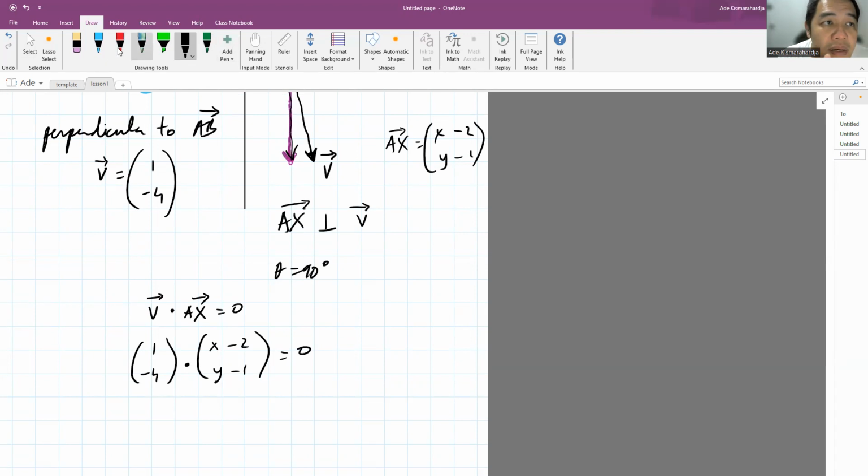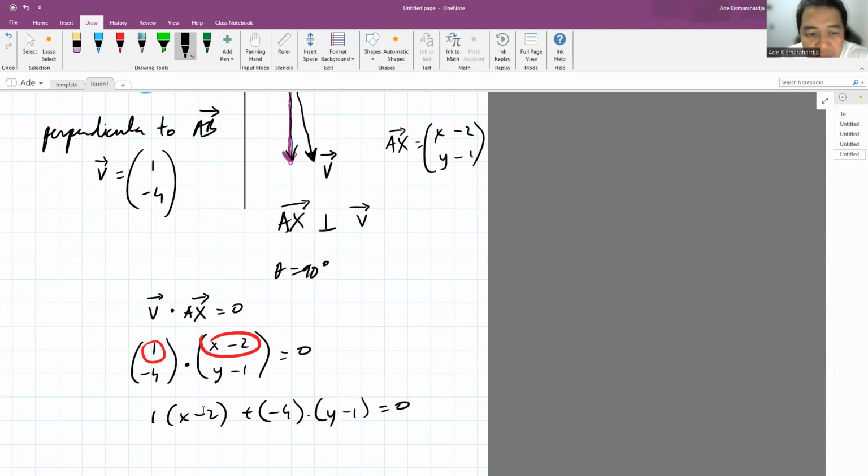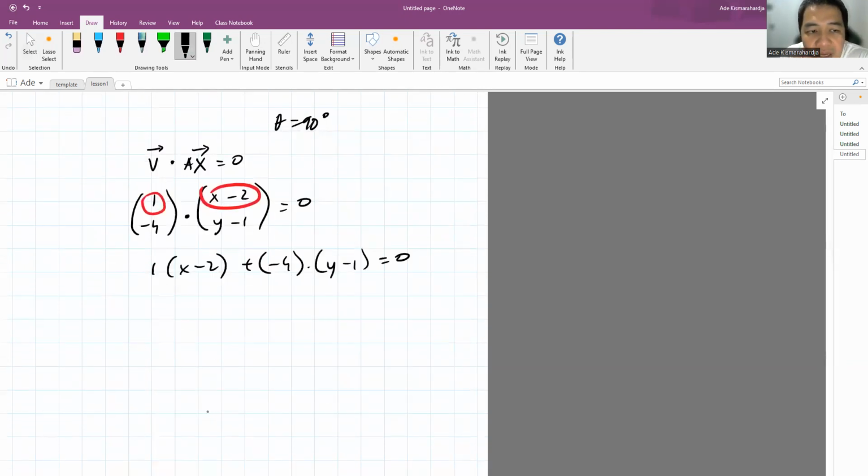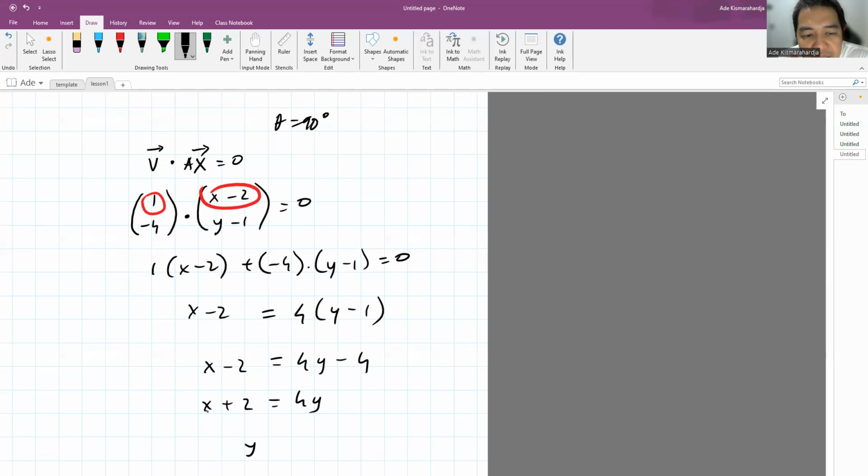Now you need to remember how we do dot product: this times this, and then plus this times y minus 1 equal to 0. So this gives you x minus 2 equal to 4 times y minus 1. And of course, at the end, you will get the same equation: y equals 1 over 4 x plus 1 over 2.